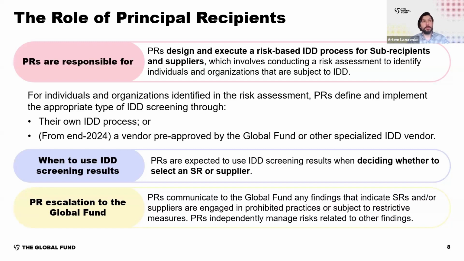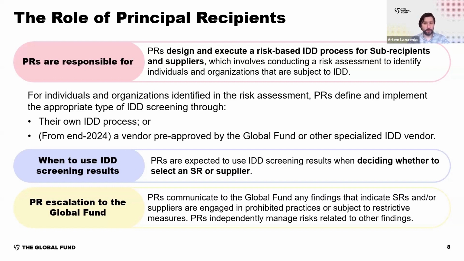So if we're thinking about a supplier which supplies a rudimentary good, something like pencil stationery, which it also supplies to many other organizations in the same country, where the principal recipient doesn't have any kind of close relation with that supplier, and the supplier doesn't have the means to severely impact the Global Fund programs, and it doesn't have access to recipients, to beneficiaries, to vulnerable populations.